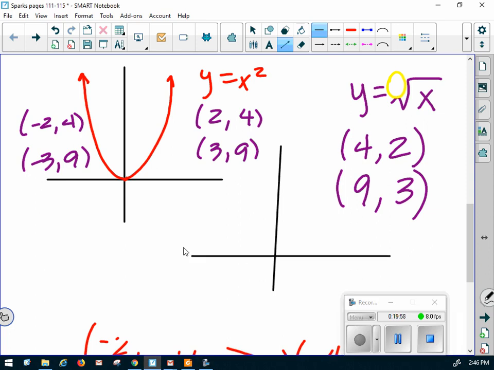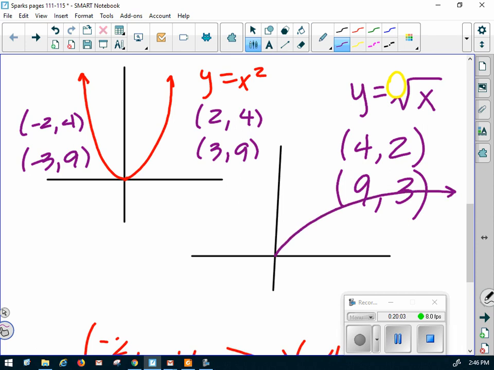if I graph this, and I know that's crooked, I'm only going to get this part. Here's the deal. Is this function, y equals x squared, 1-to-1? No. This function then does not have an inverse that is also a function.